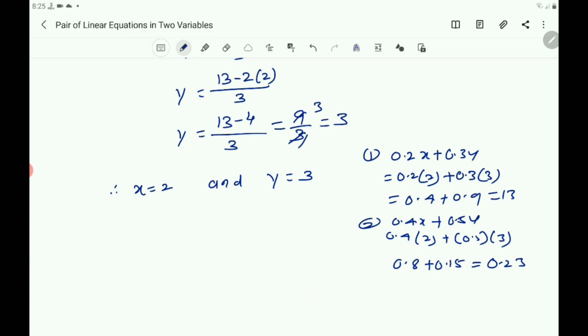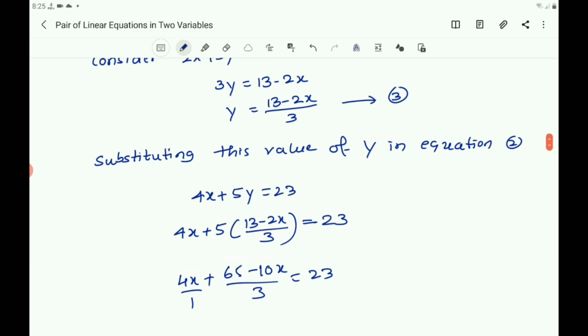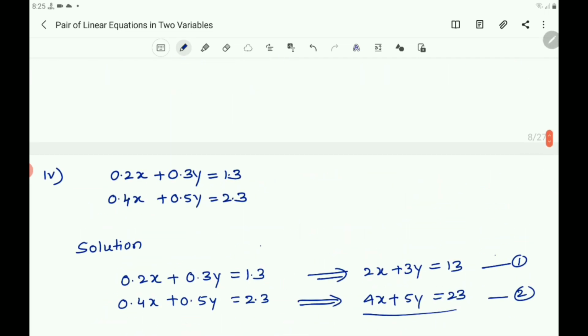Therefore, x equals 2 and y equals 3 satisfies both equation 1 and 2. This means these two are satisfied by x equals 2 and y equals 3.